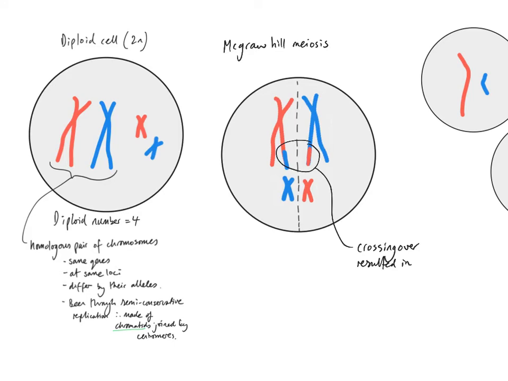So it's resulted in the mixing of alleles between these two chromosomes, between maternal chromosomes, inherited from the mother originally, and paternal chromosomes. In crossing over, you just need a two-mark definition of it. It's when the same length of DNA is exchanged.